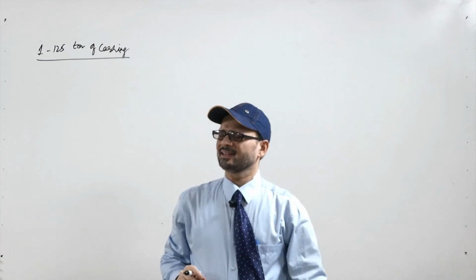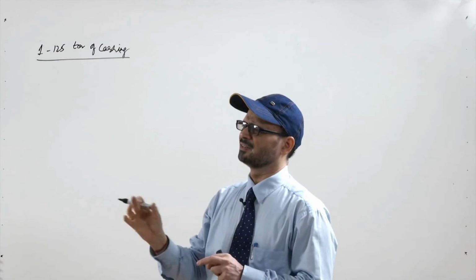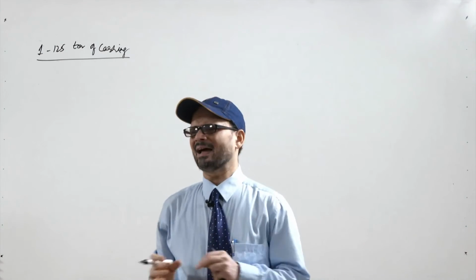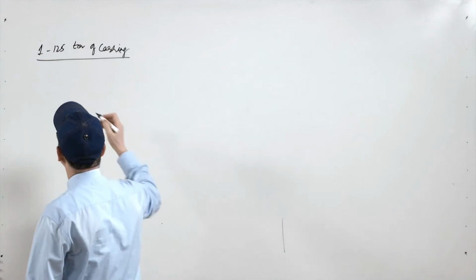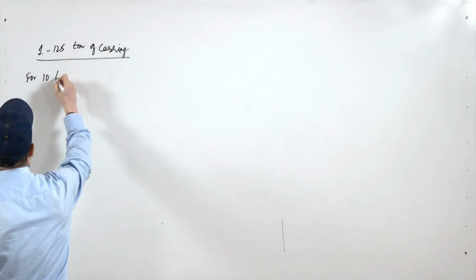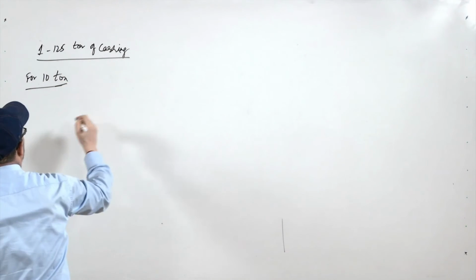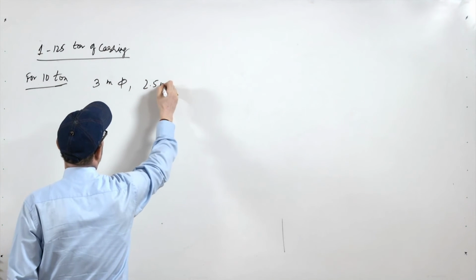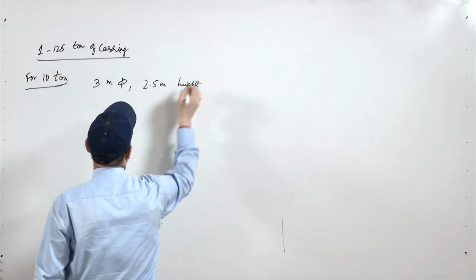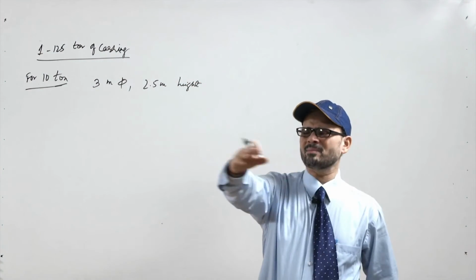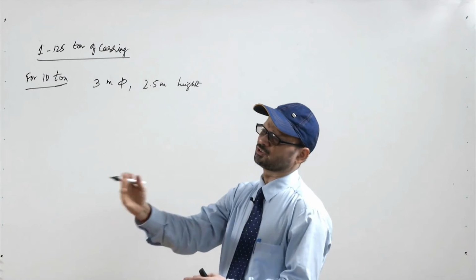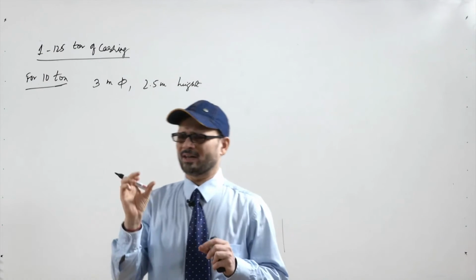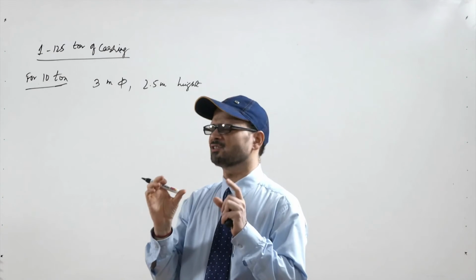Now, in these cases you have the diameter ranging from 2 to suppose 5 meters, and for a typical 10 ton of metal you have a diameter of 3 meter, 2.5 meter of height, and then you have basically a 25 mm thickness of steel shell which is around that, and the refractory thickness is quite big.